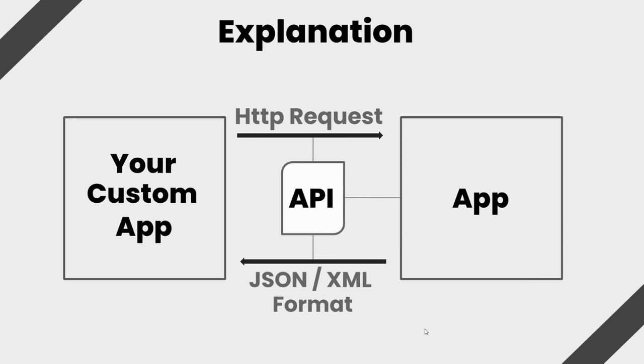So going back to the diagram, we have a custom app, which could be your normal website or app. So let's assume our custom app here is our website. And let's assume the other app here is YouTube or Twitter or Facebook, or let me think of a popular one, Google Map for instance.